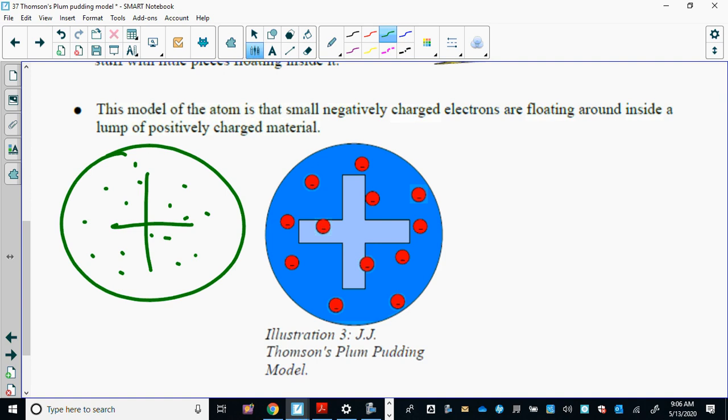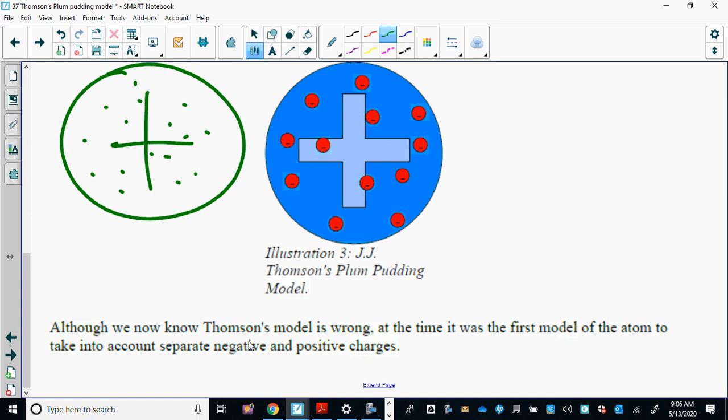We didn't even call them electrons at that point. They just said that the atom is a big blob of positive material with little points of negative material in it, and they balance each other out to become neutral. So that is Thomson's plum pudding model of the atom.